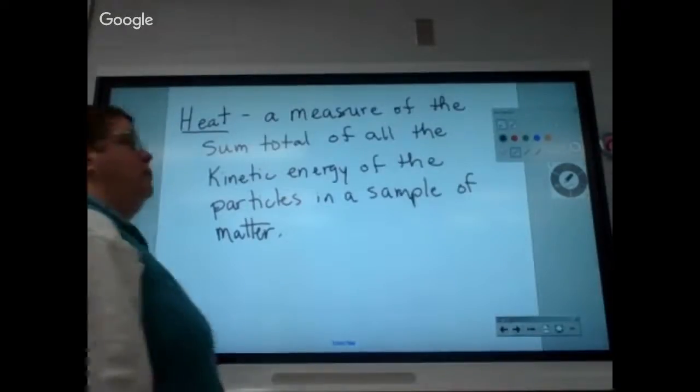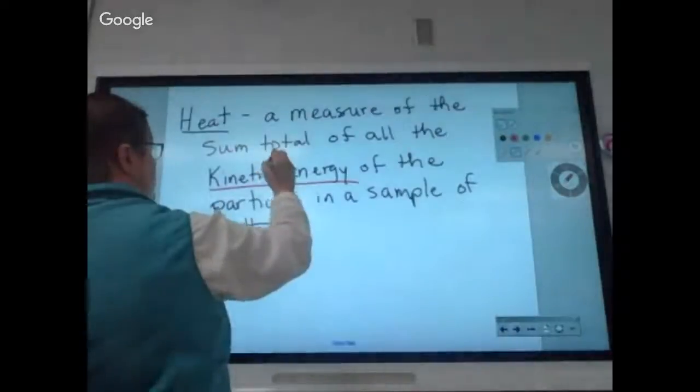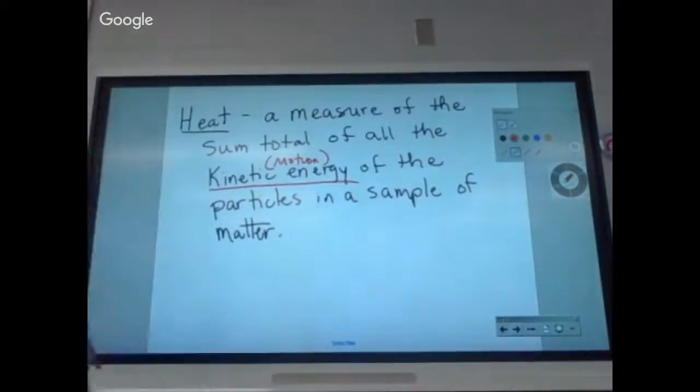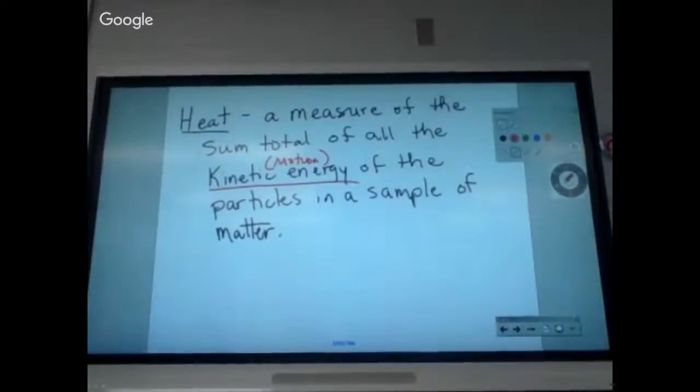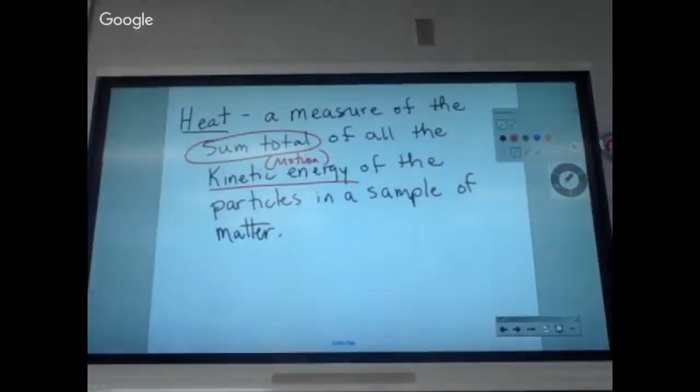So, again, we're still talking about kinetic energy. So we're talking about motion. But this time, what math word did I use? Sum. I said sum. So, when we talk average, we're talking about adding everything up and dividing, right? But in sum, we're just adding everything up.